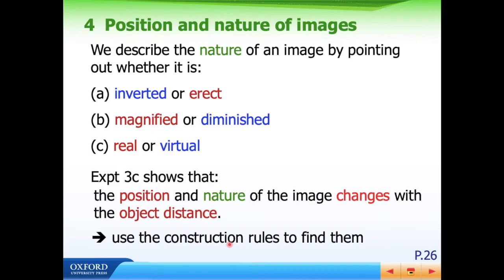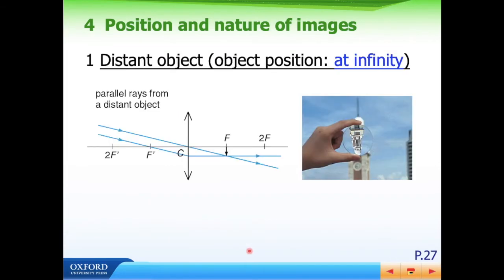Now we can use the construction rules that we have learned in our previous section to find exactly the location of our image and the nature of our image formed by a convex lens. In the next slide, I would like to enumerate the different characteristics of the image formed by the convex lens. Number 1, if your object is located at infinity.